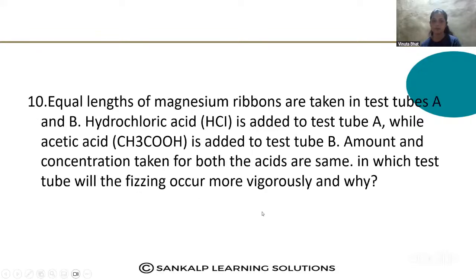Next one. Equal lengths of magnesium ribbons are taken in the test tubes A and B. So the same length of magnesium ribbons are taken.